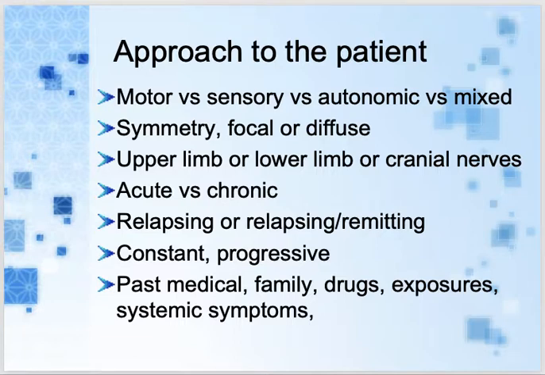When you do the examination, you will find that they have decreased vibration, decreased joint position sense, as well as reduced reflexes. And whenever it is a small fiber problem, these patients present with pain and pricking or shooting type of pain. And when we examine, we find that pinprick or temperature sensations are lost or decreased.